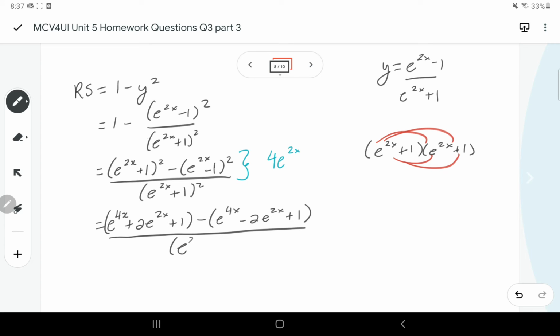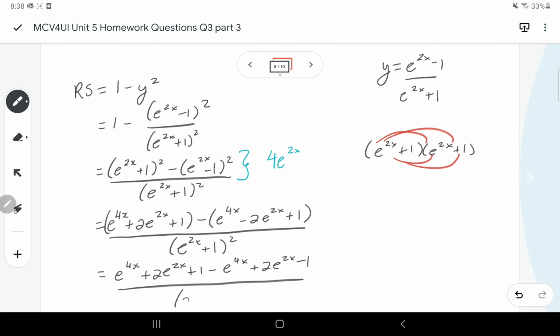So here I get e to the 2x plus 1 squared, and when I subtract this, I'm running a little short on room, but it's going to be okay. I get e to the 4x plus 2e to the 2x plus 1 minus e to the 4x plus 2e to the 2x, that minus a negative, minus 1, over the denominator that I know is what I wanted, which is good news.